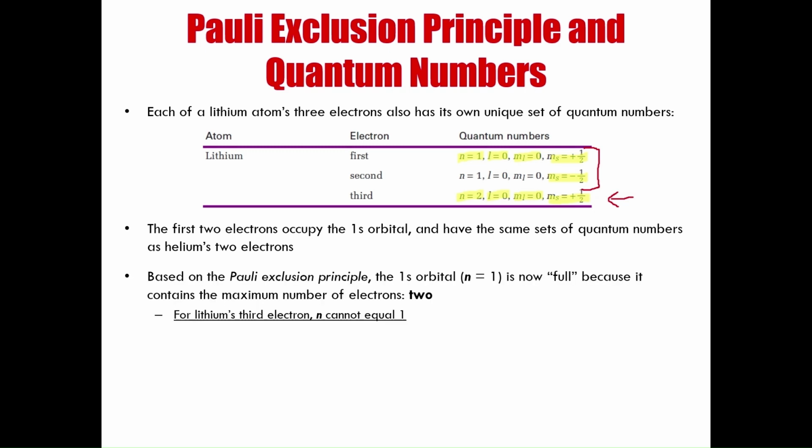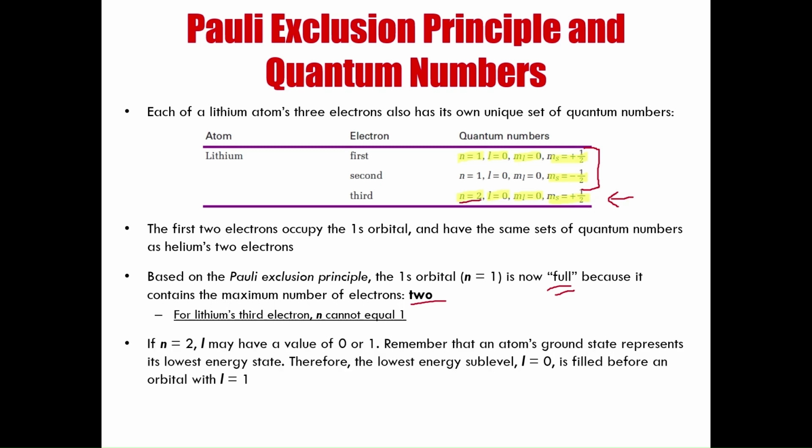Based on the Pauli exclusion principle, the 1s orbital, n equals 1, is now full. And because it contains the maximum number of electrons of 2, lithium's third electron now needs to have an n value greater than 1, i.e. n equals 2.